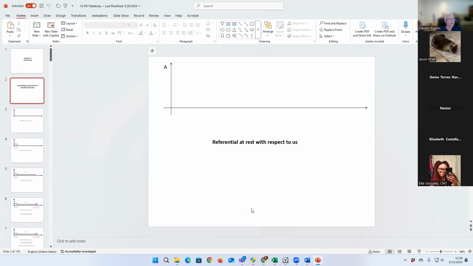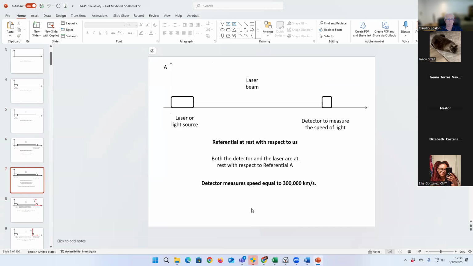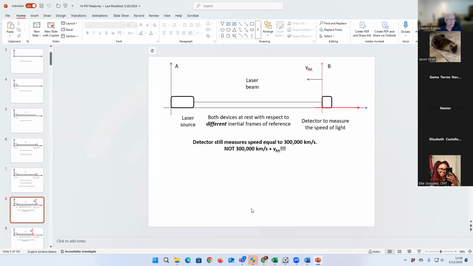So let's review that. First, the detector at rest with respect to the light source: 300,000 kilometers per second. Then the detector moving towards the light source, but the detector still measures 300,000 kilometers per second, not 300,000 plus the relative velocity.